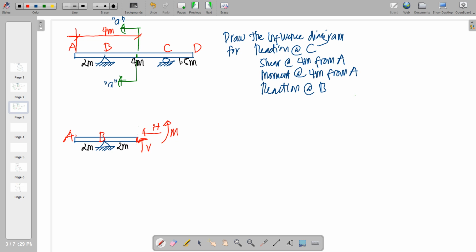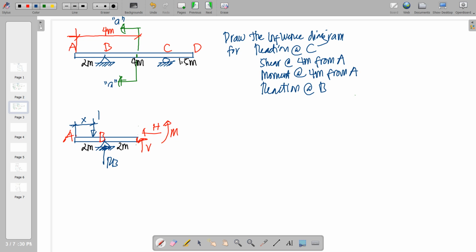As usual, we are going to have a unit load here, say that is 1, measured from A as x. And we have also the reaction at B. Okay, so that is the reaction at B.